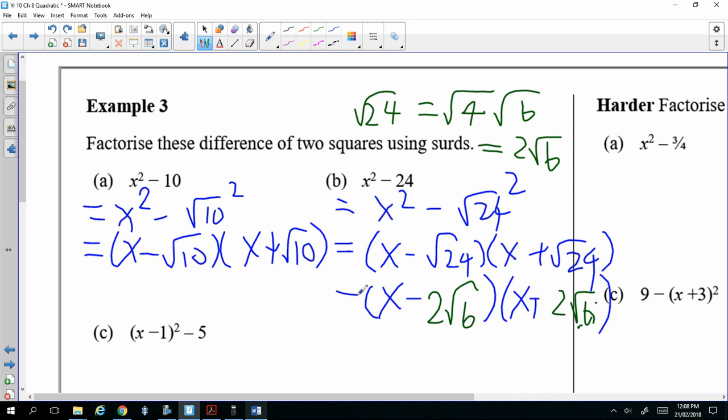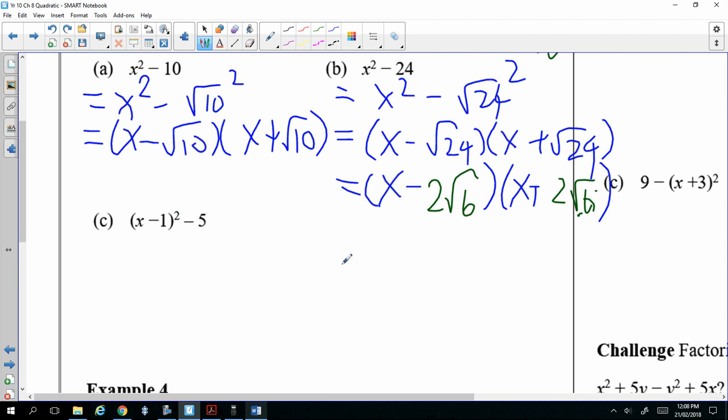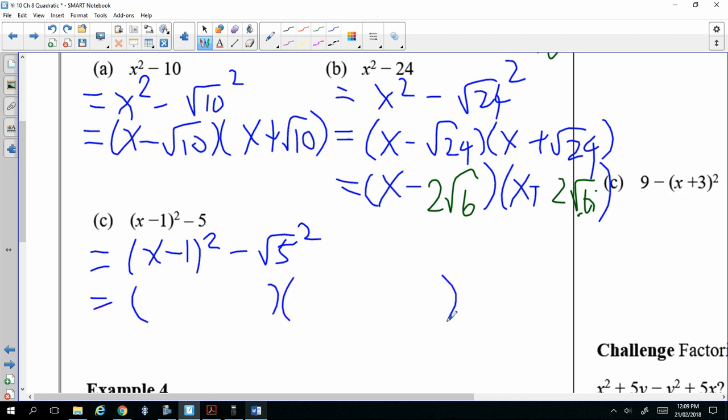All right, we've got another one. This is like the one we did before. When there's a square bracket, do not expand the bracket. You will just do it like this. So x minus 1 squared, you leave it as a square, but you write root 5 squared, like that. And then you have 2 brackets, one plus, one minus.